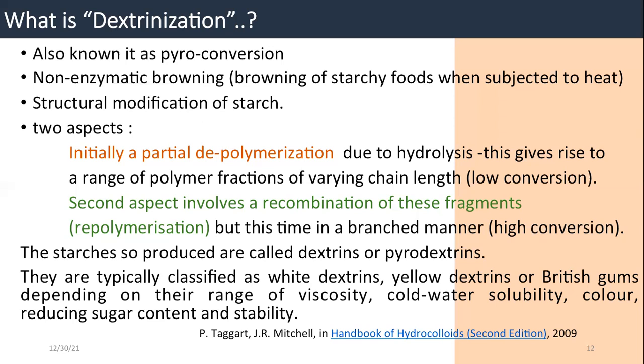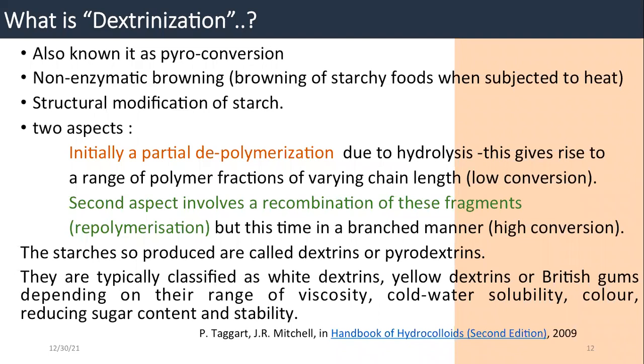There are polymers, carbohydrates. Starch and flour belong to carbohydrates. So there are carbon and hydrogen bonds and polymers. When we increase the temperature, polymers may degrade, bonds will break, and you can identify different sizes of small polymers. We call it low conversion.